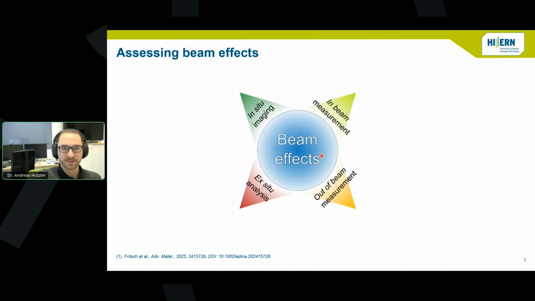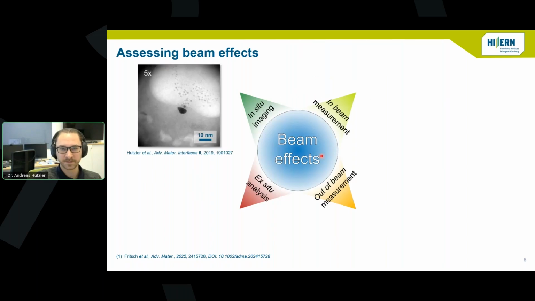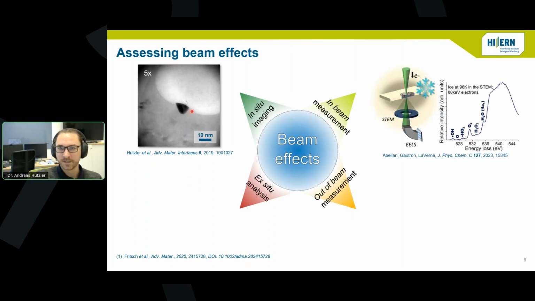How can we access electron beam effects? Well, the obvious thing is just imaging. We can see the dynamics of processes that we observe. We can also do in-beam measurements, like shown by Patricia Abelan, doing in situ yields, which can be used, for example, for quantifying the radiolysis products.